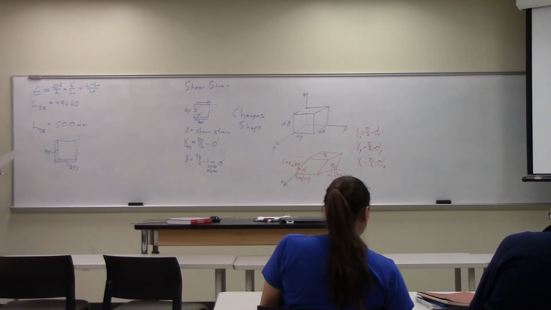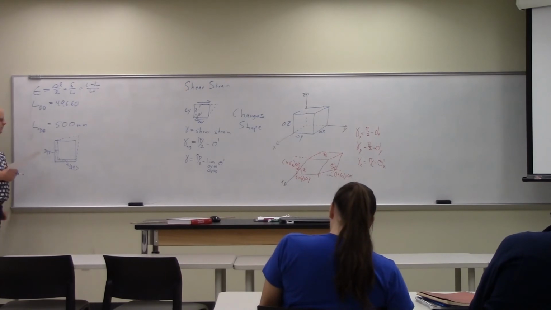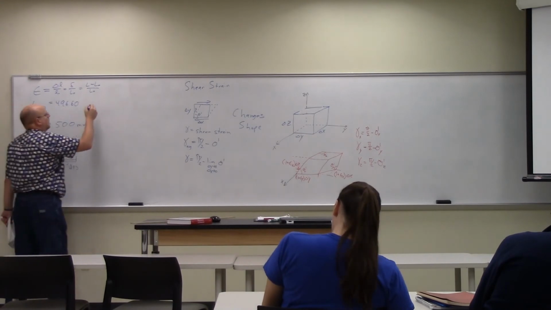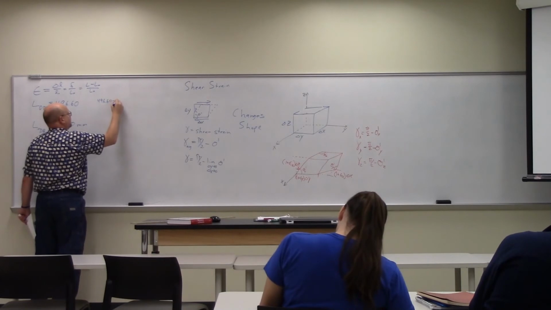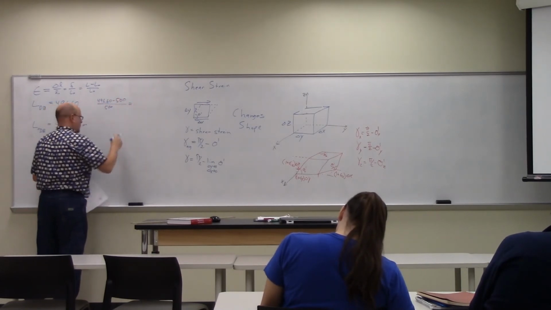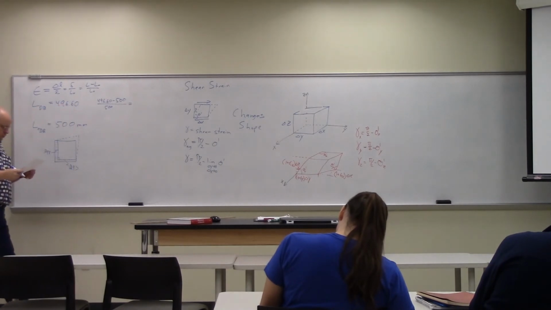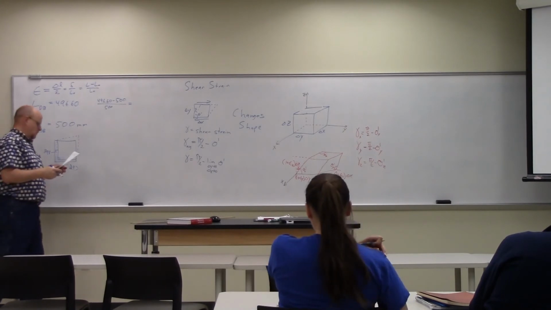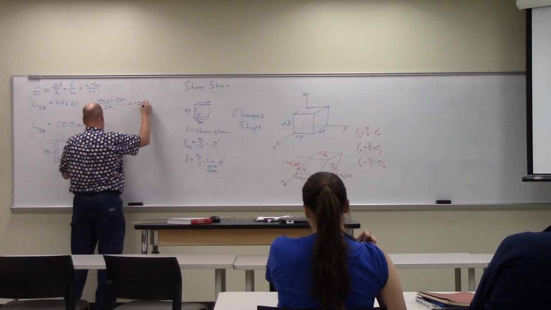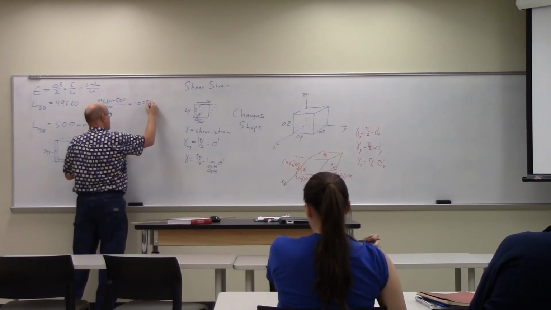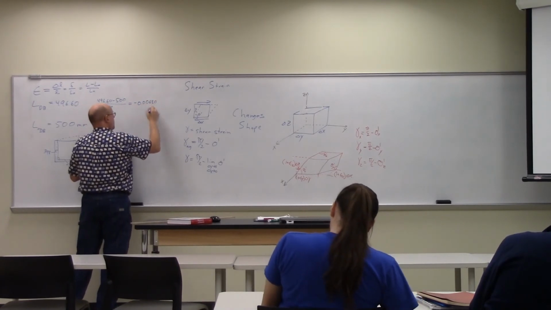Okay. All right, so then I just have to go back and plug in. So L is 496.6 minus 500 divided by 500 equals negative 0.00680.